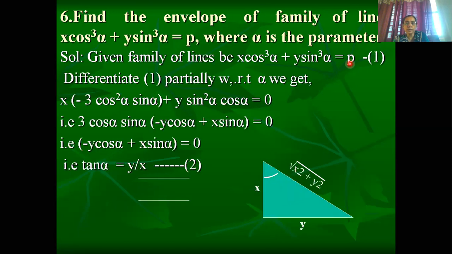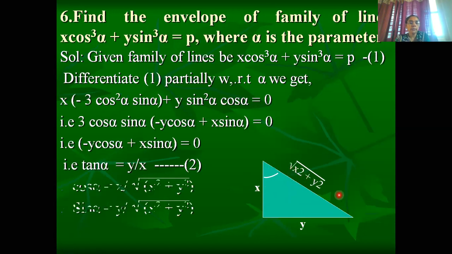So use this triangle, alpha is this angle, y is the opposite side and x is the adjacent side. So the hypotenuse should be root of x square plus y square. Then by using that triangle, cos alpha is x by this and sin alpha is y by this, so you get x upon root x square plus y square and y upon root x square plus y square. Substitute sin alpha and cos alpha in equation 1.